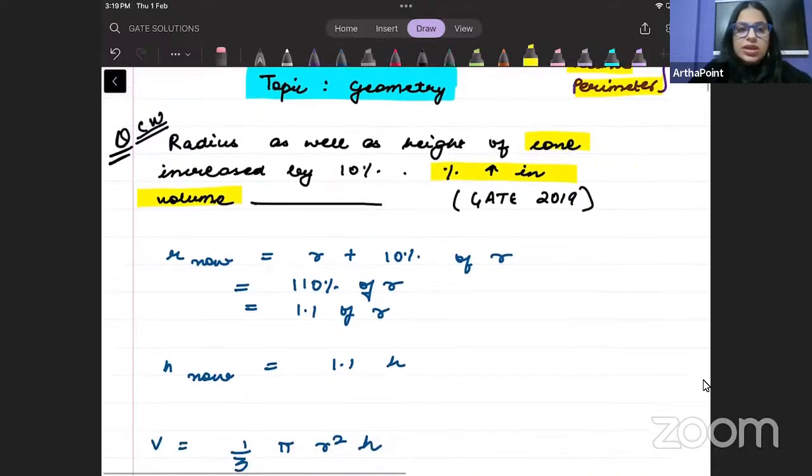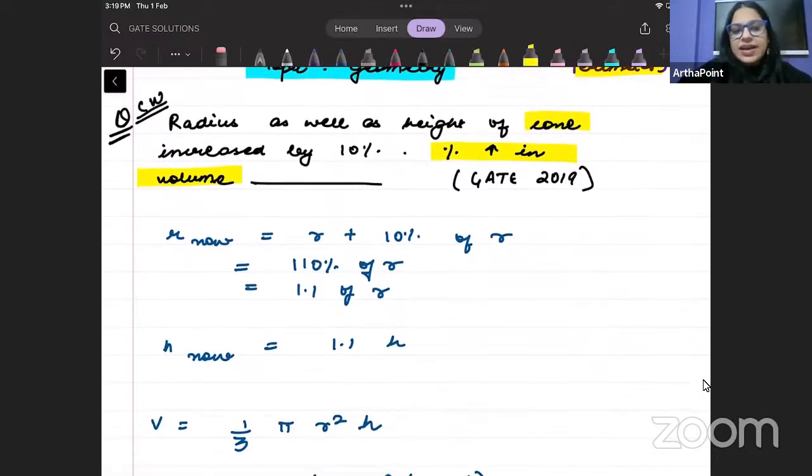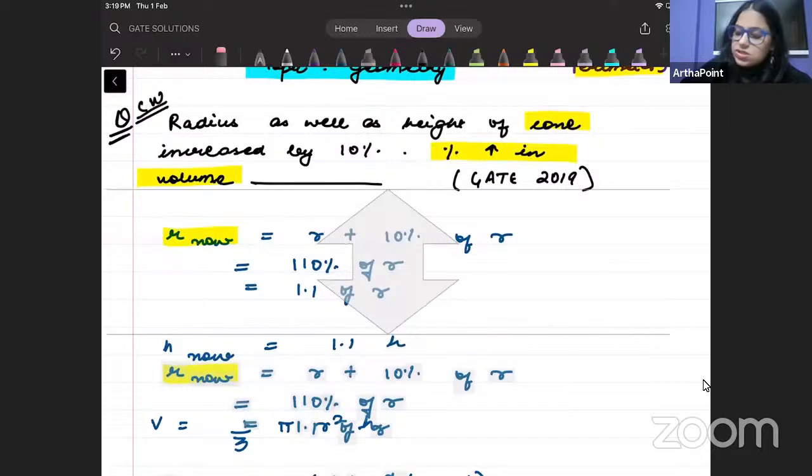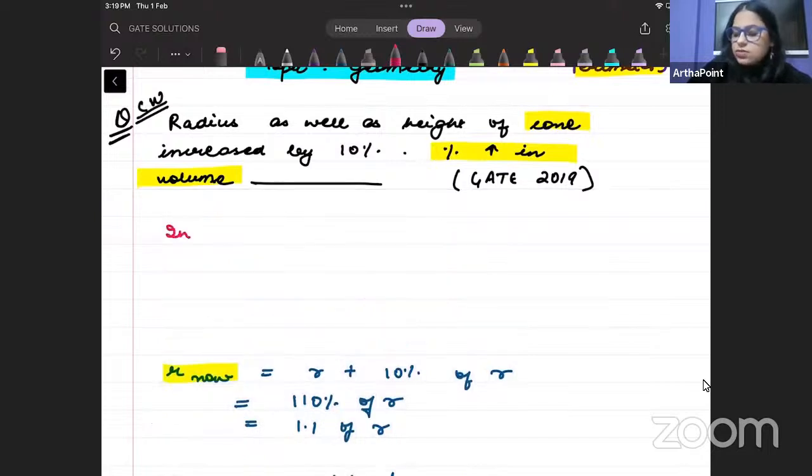Okay, read out this question. It says the radius as well as height of the cone is increased by 10%. So what will we do? Let the initial radius of the cone be r and the initial height of the cone be h.